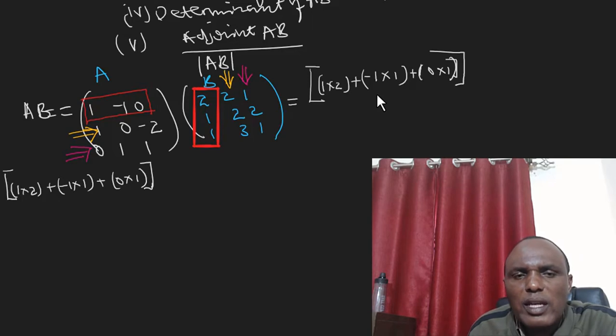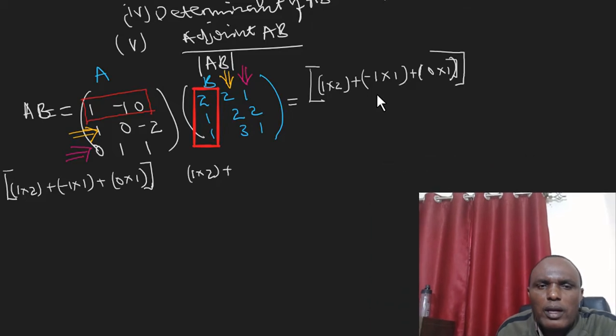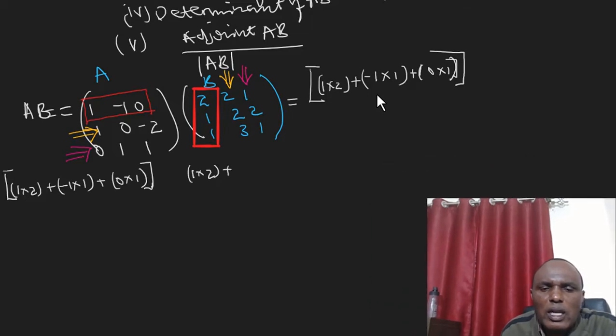We go to the second element in the first row, multiplying the same row by the second column of matrix B: 1 times 2, we add negative 1 times 2, then 0 times 3.